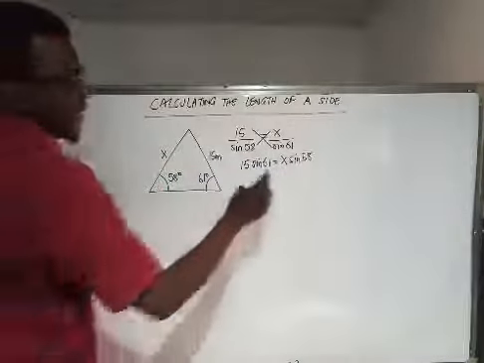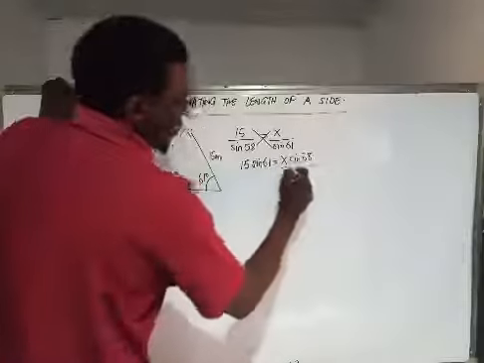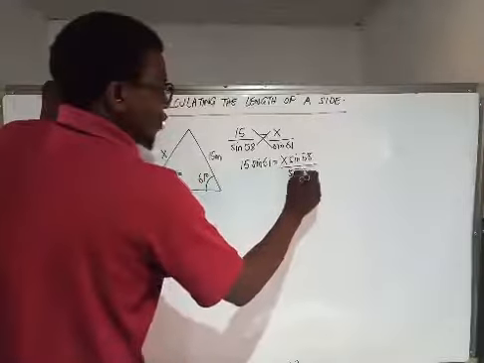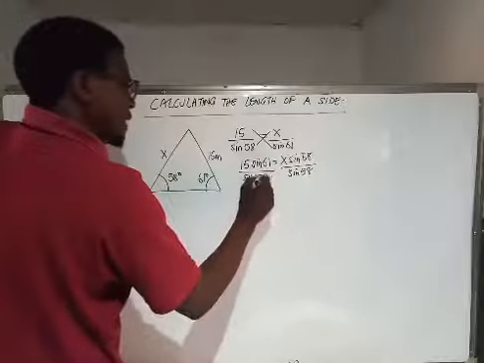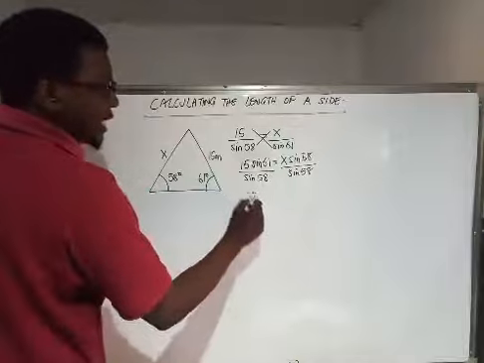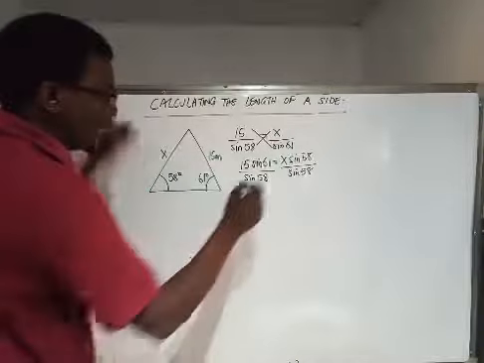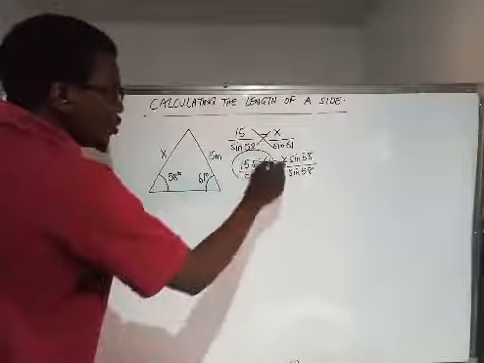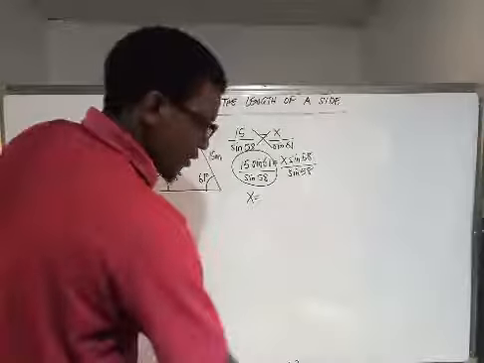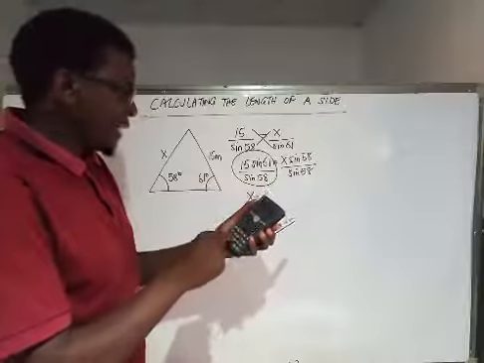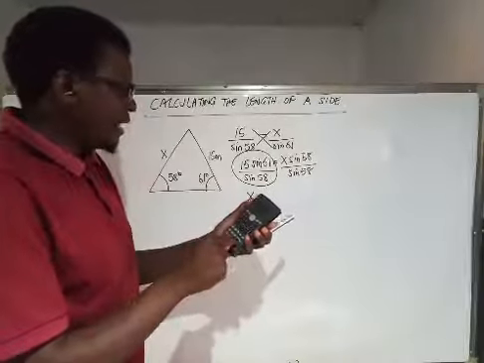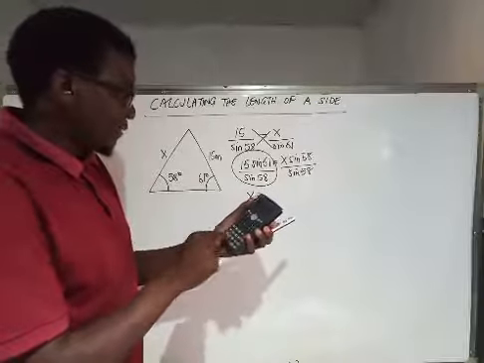We are interested in x, so we get rid of sine 58 on the right hand side, and we do the same on the left hand side. Now all you need to do is punch this on your calculator directly, no need to hustle: 15 sine 61 divided by sine 58.